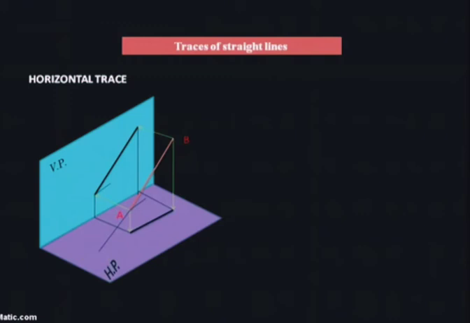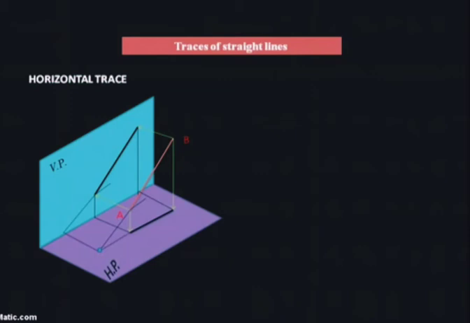Here I am locating the horizontal trace point. For understanding purposes, I am drawing construction lines from the front view and from the top view, like this.